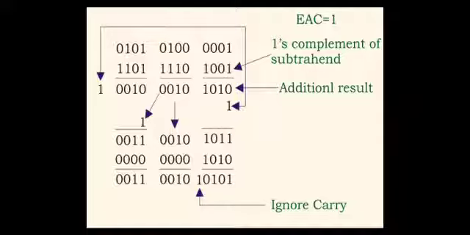Next, 1 plus 1 is 0 and again we carry 1, and 1 plus 0 is 1, and 1 plus 1 is 0 and we get the carry 1. That carry 1 goes to the end.